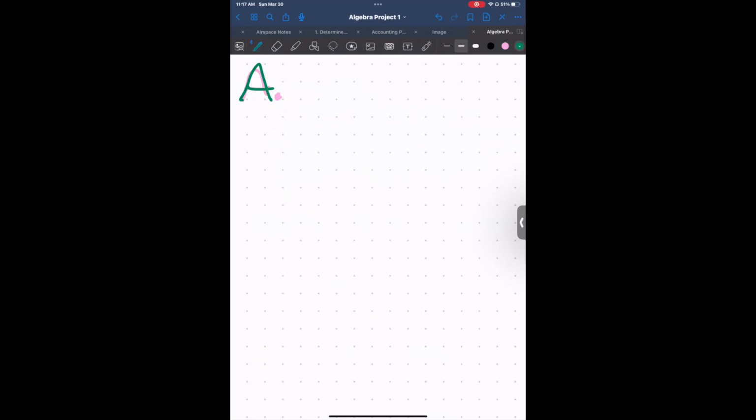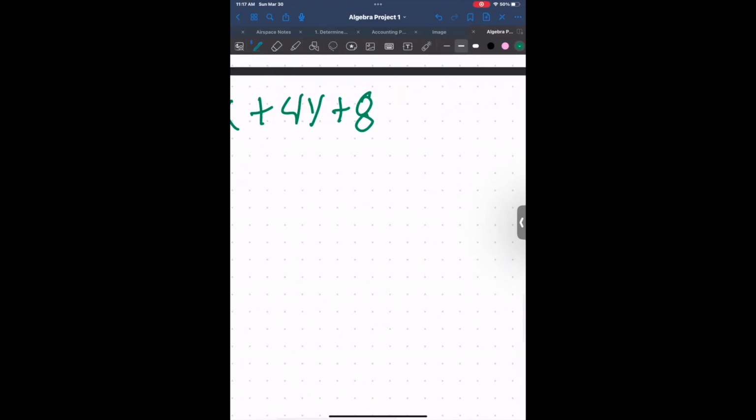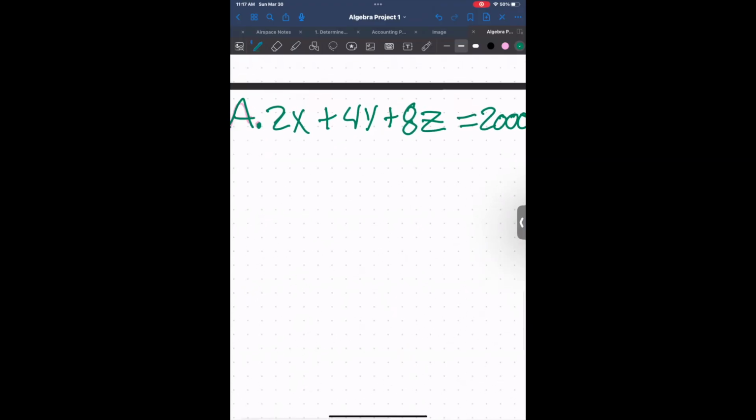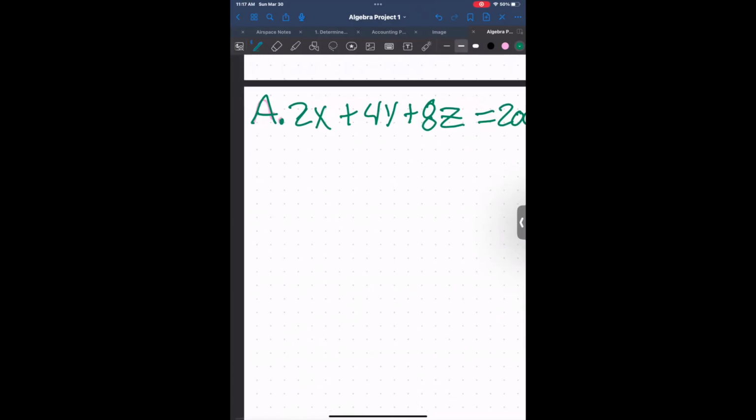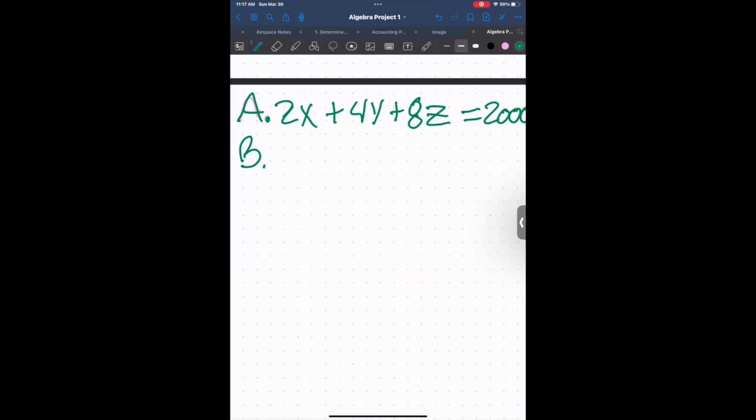Green looks nice. A is going to be 2x plus 4y plus 8z equals 2,000. And we're going to bring down B, or no, we're going to bring down C. My apologies.